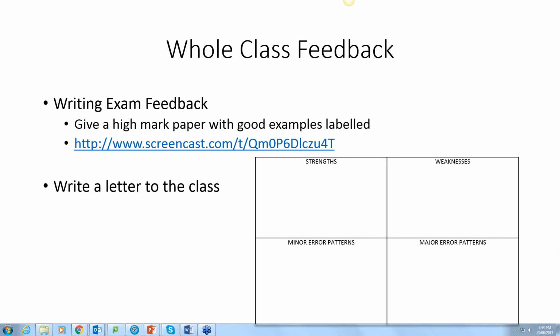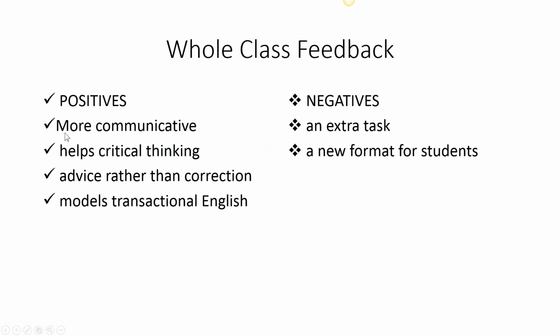And I think one of the biggest positives about this, yes, it's more communicative, but it helps critical thinking, because they have to read the feedback and then look at their paper and ask, did I do that? Or did I not do that? And where did I do that? So having the student example helps, because that's language that they can access.